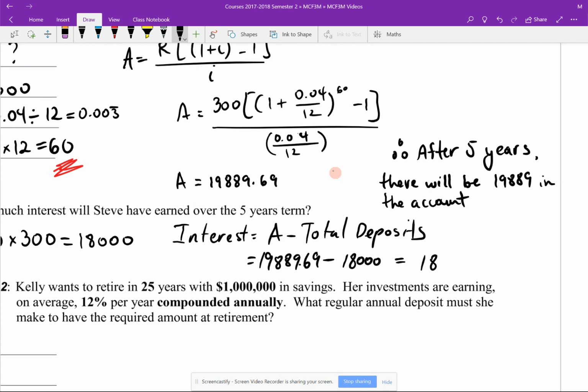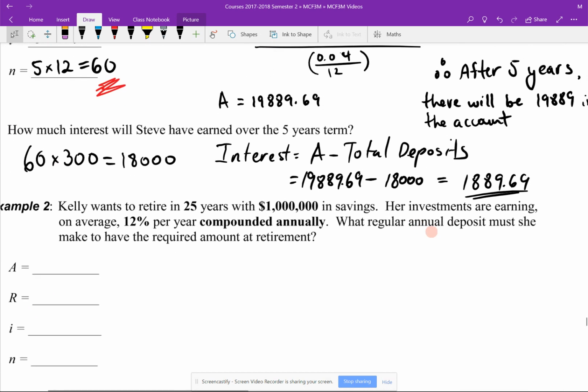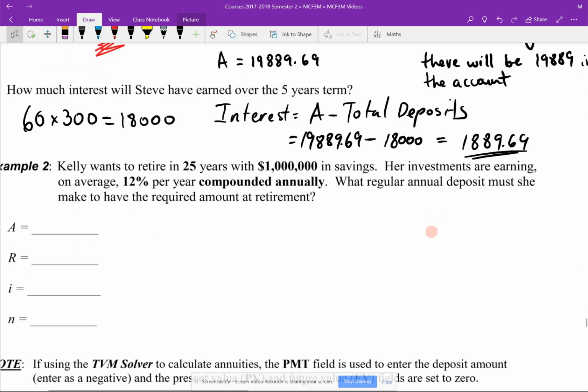So the interest is $1,889.69. So $1,889 of this $19,000 is interest. Almost $1,900 of interest, which is pretty good, right? Free money, just for investing. Okay, let's look at another example.